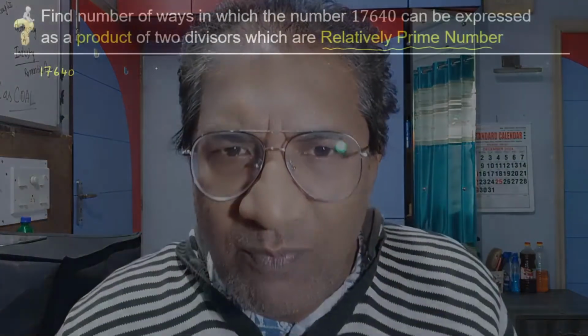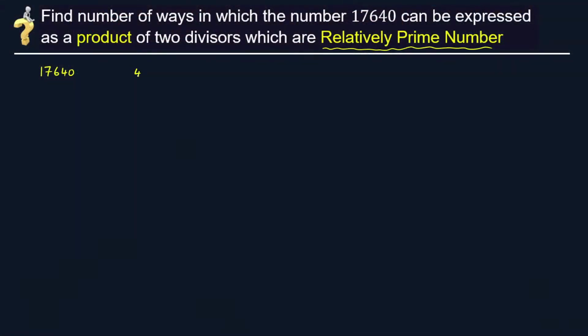Not necessarily do the numbers have to be prime numbers. I'm showing you: suppose I say 4 and 15, these two numbers are relatively prime or co-prime. Why? Because the HCF or GCD between 4 and 15 is 1.